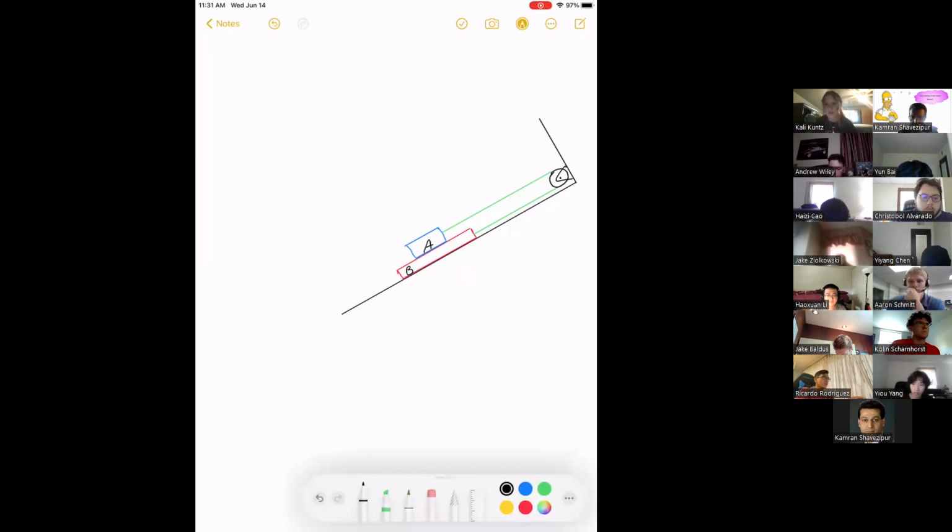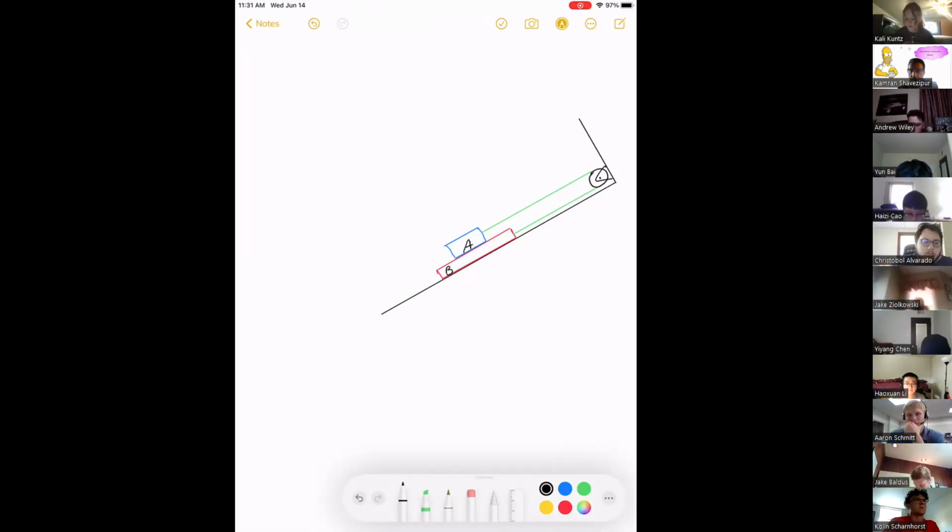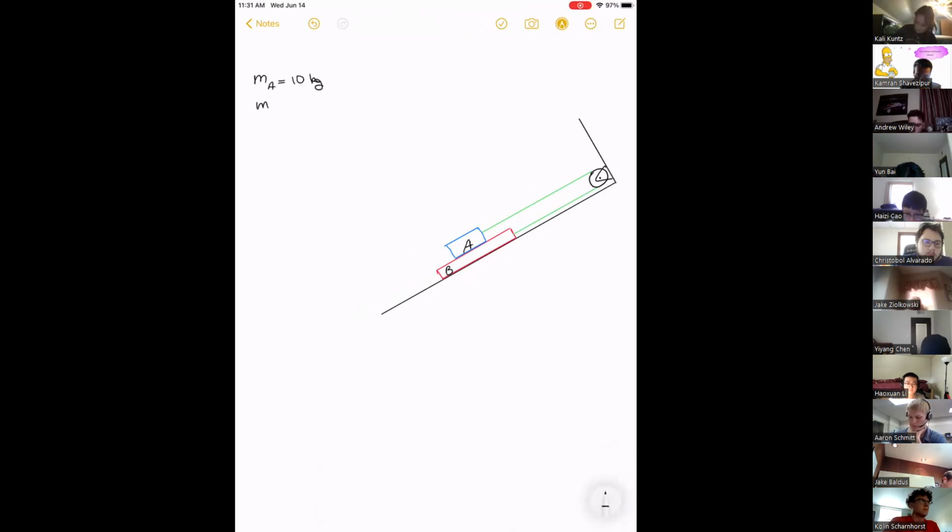So let me just write down the values. Mass A, MA is 10 kilogram, MB is 50 kilogram, mu AB is 0.2, and mu BC is 0.1.